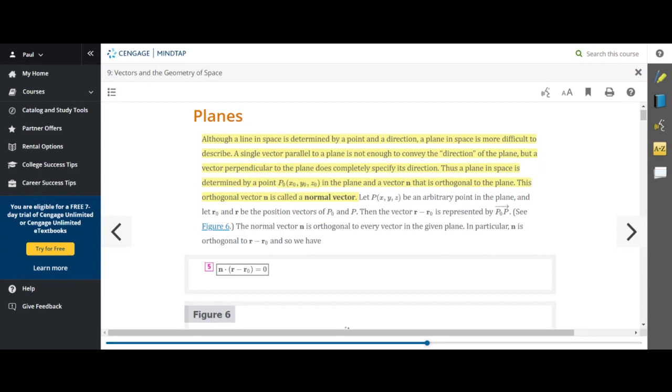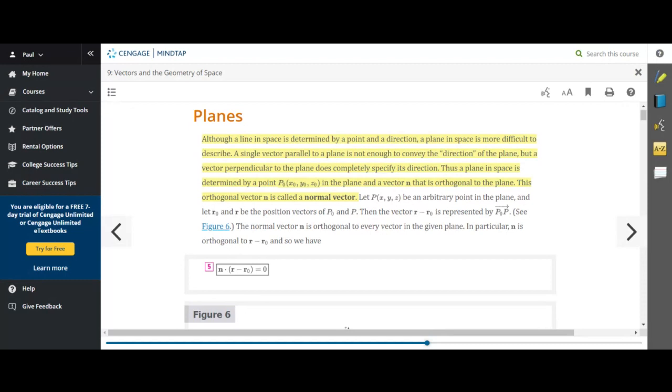And naturally, if you have a point on the plane, then that along with the orthogonal vector uniquely determines the plane.